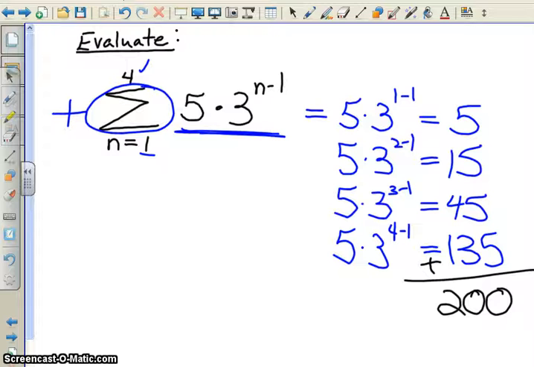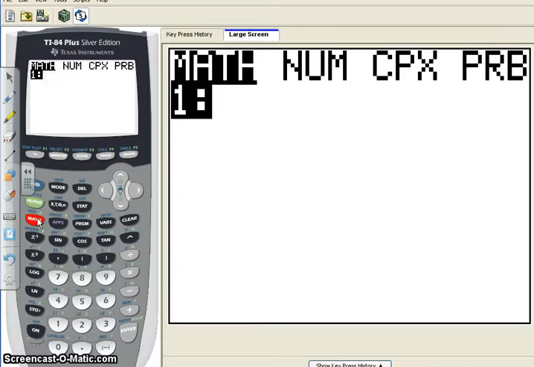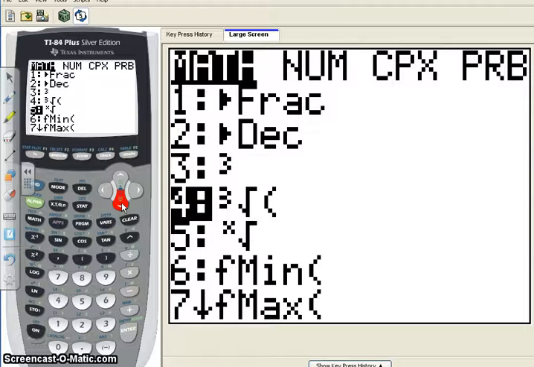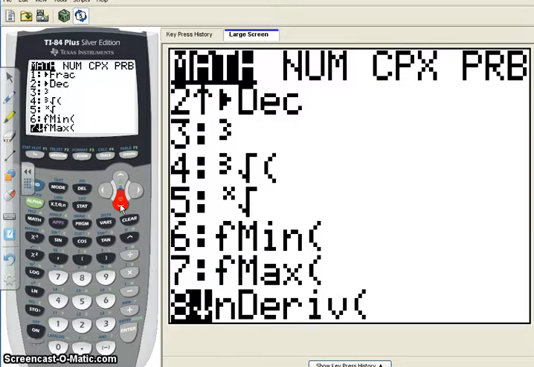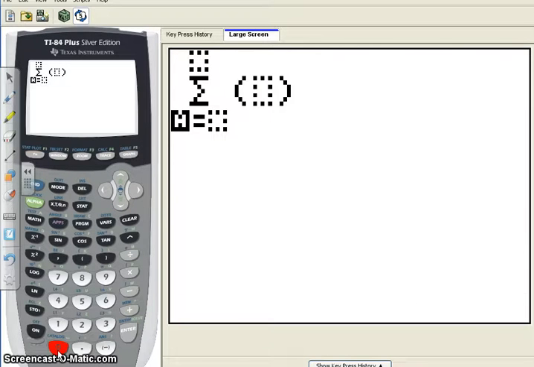Now, if I've got a TI-84 calculator, I can also find this sum on the calculator by going into Math, and I scroll down to number 0, summation, and then I can type in what I want.